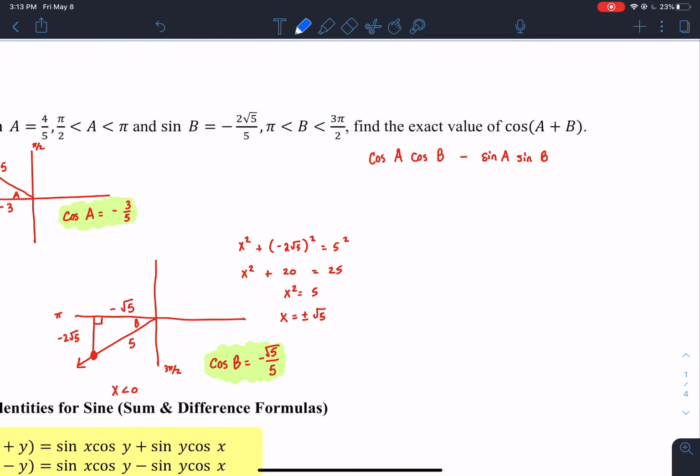Okay, so cosine of a, we figured out was negative 3 over 5, and then cosine of b is negative root 5 over 5, okay? Minus sine of a. Sine of a we said was 4 over 5, and then sine of b is negative 2 root 5 over 5.